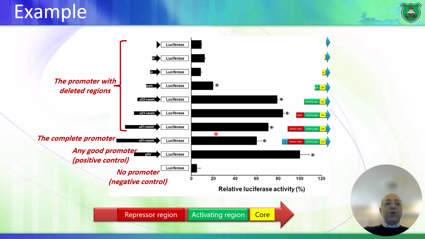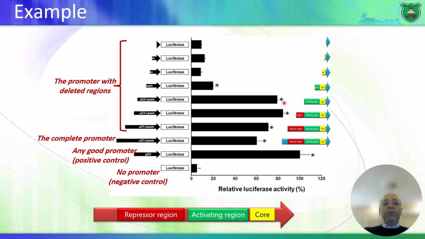And that's exactly what happens. When under control of the whole promoter, including the repressor region, I get this amount of expression. If I remove the repressor region piece by piece, little by little, I get more expression. Wonderful. So I know that this region contains a repressing region.